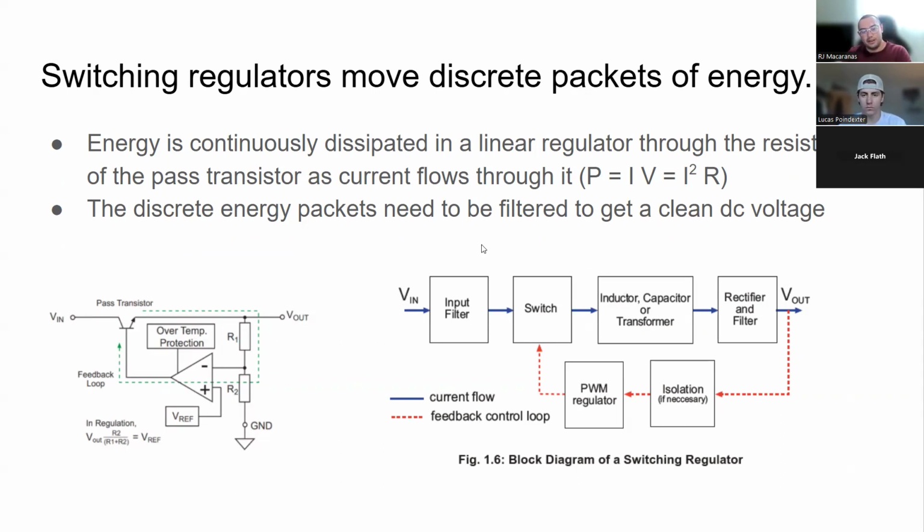But in this case, for the switching regulators, we usually have multiple transistors, or multiple switching devices, first of all, and there are always going to be some energy storage elements. And so the energy packets are going to be filtered out, and we're going to get a nice clean DC voltage out of it, right?